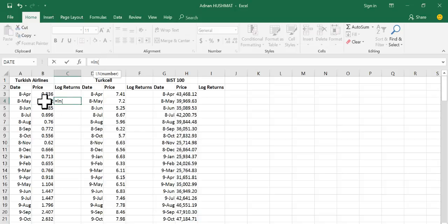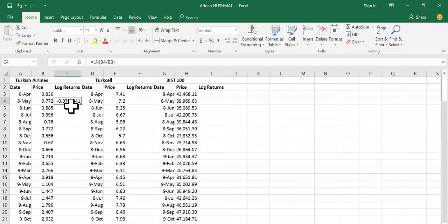Then this price, you divide it by this one, the previous month price: the 2008 May closing price and the 2008 April closing price. So the latest price divided by the old price, the previous month price. Then you just close this bracket and press enter.